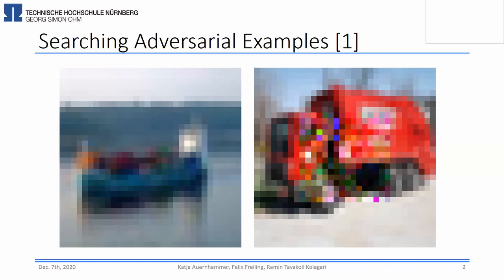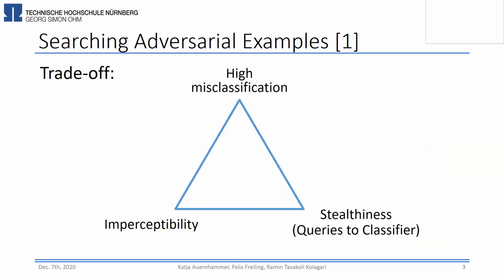Three main criteria we noticed are most important to define whether or not an adversarial example algorithm is good. First off, a high misclassification rate, which means that the algorithm is able to find adversarial examples that have a lot of images misclassified.